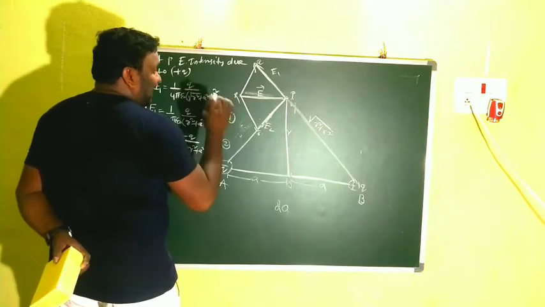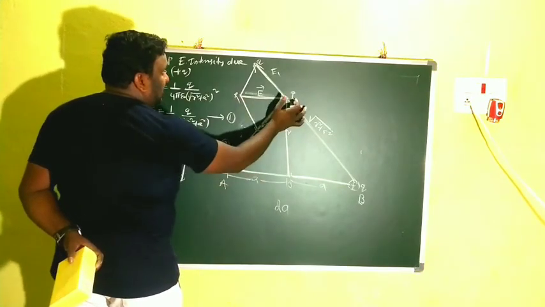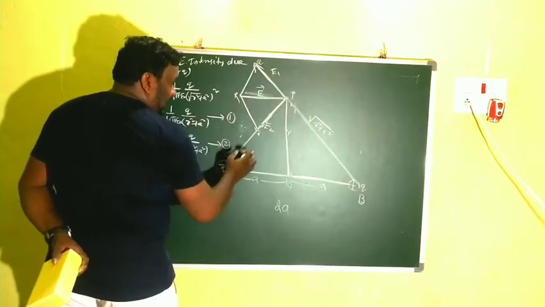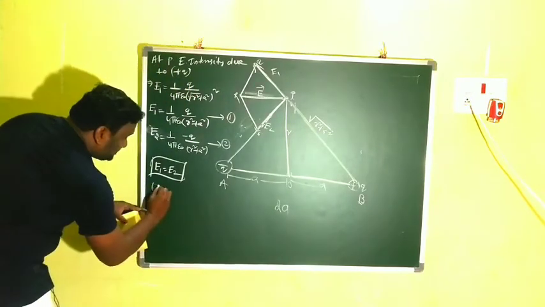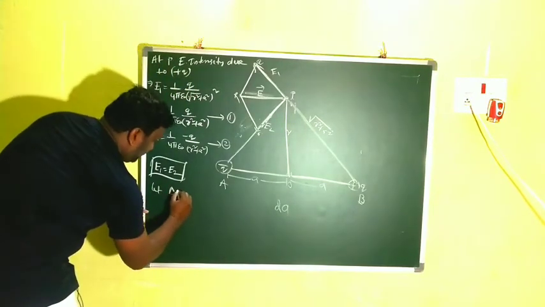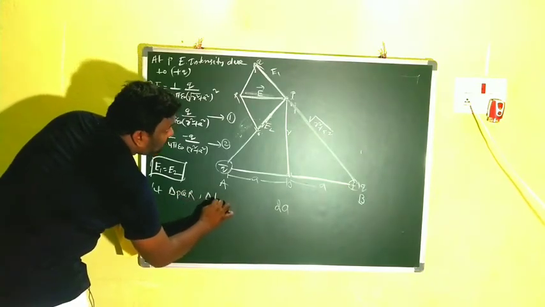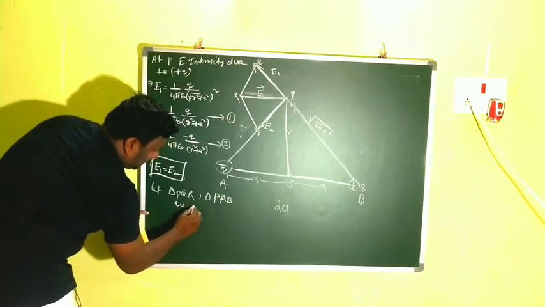Clear, children? After that I am comparing the two triangles. One is PQR, and the other is PAB. So let triangle PQR and triangle PAB be similar.